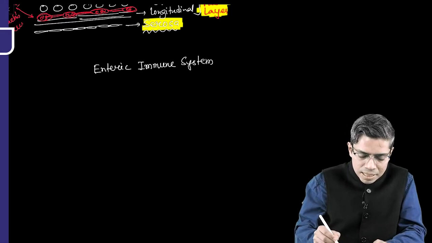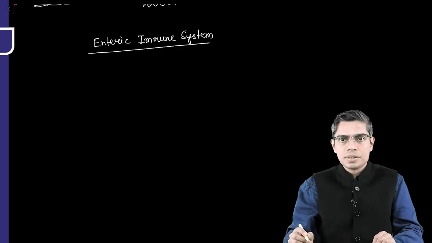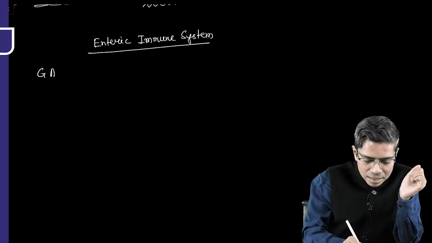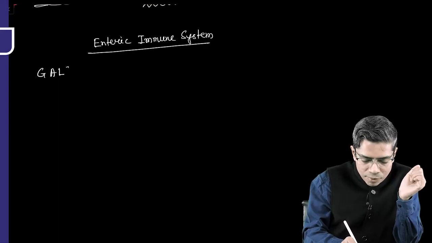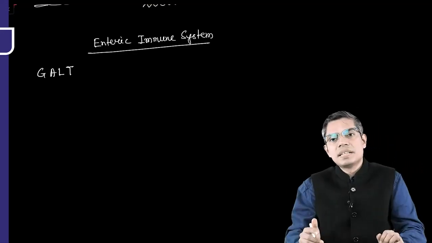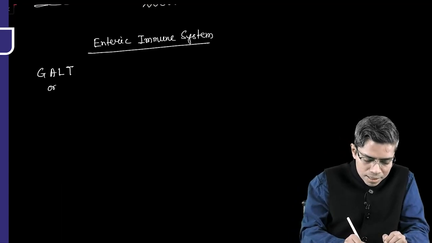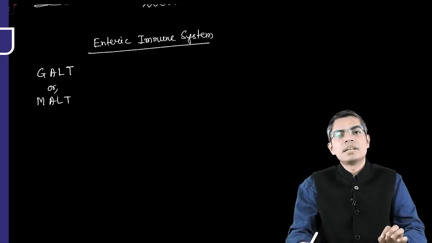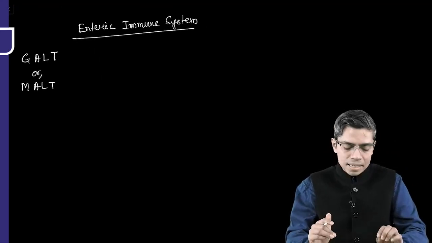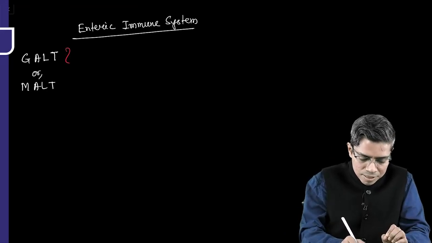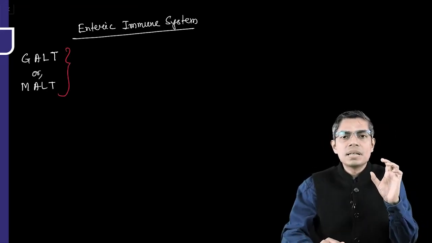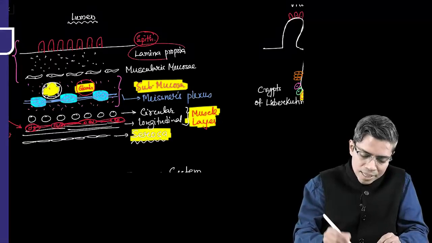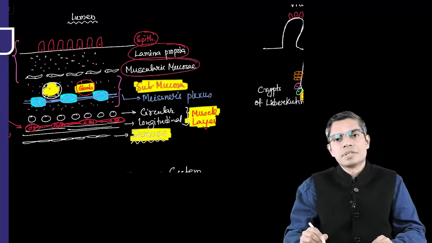It consists of various structures known as GALT, gut associated lymphoid tissue, which is also known as MALT, that is mucosal associated lymphoid tissue. From the name I can understand that this immune system is located within the mucosal layer of the GIT, and the mucosal layer consists of the epithelium layer, lamina propria and muscularis mucosae.